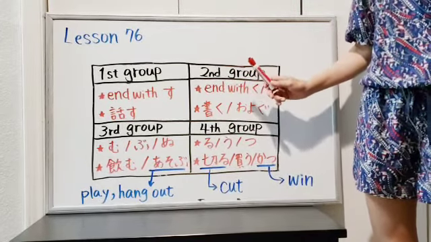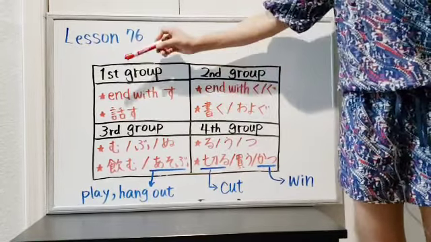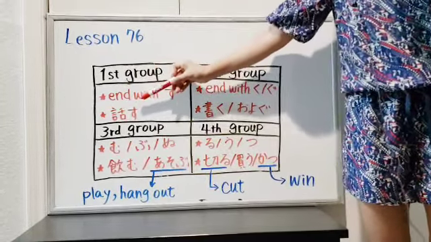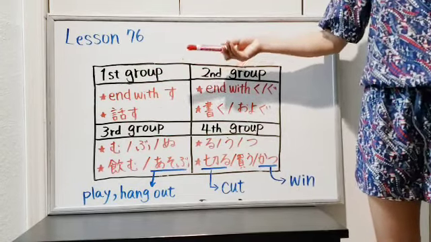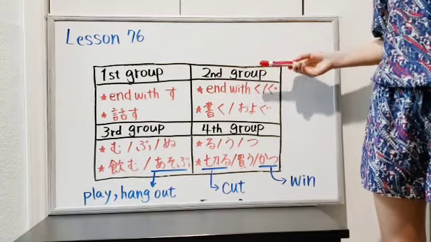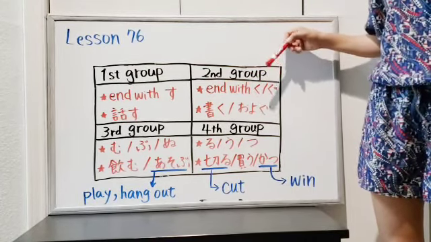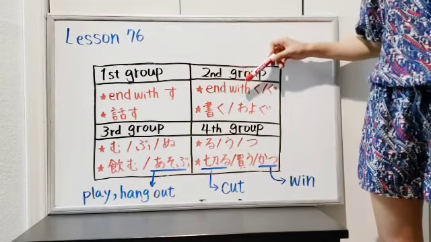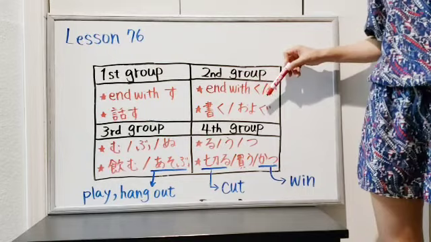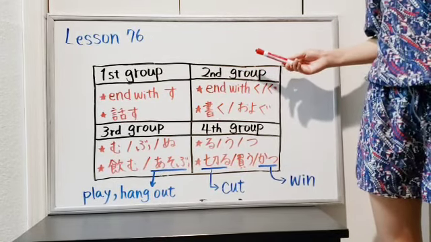If u-verbs end with su, such as hanasu, they belong to the first group. If u-verbs end with ku or gu, such as kaku or oyogu, they belong to the second group.